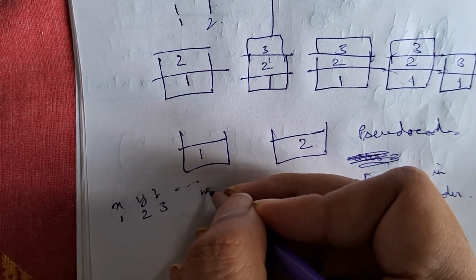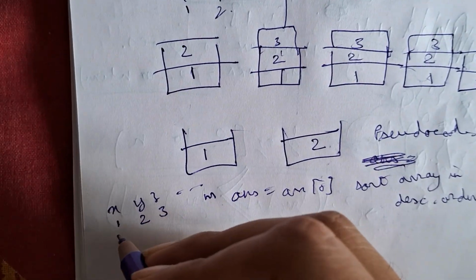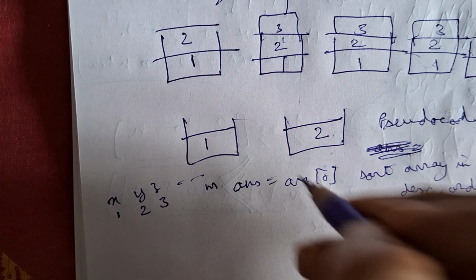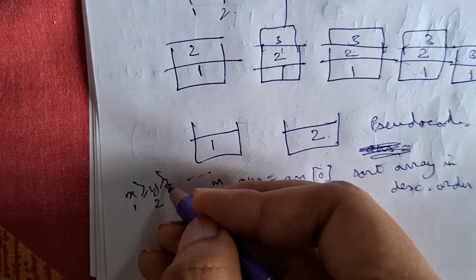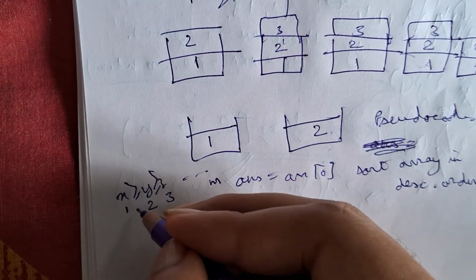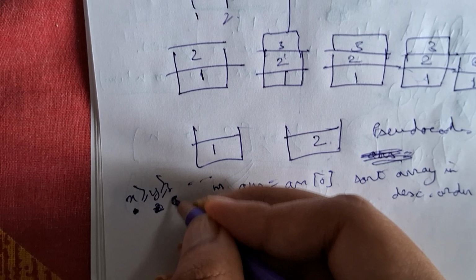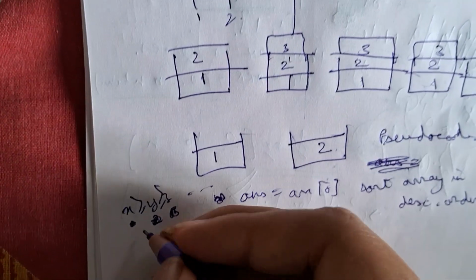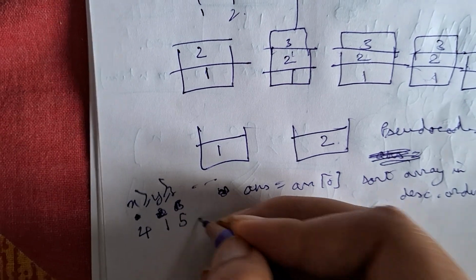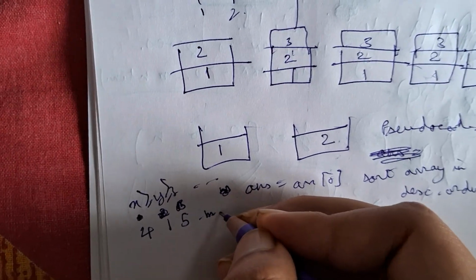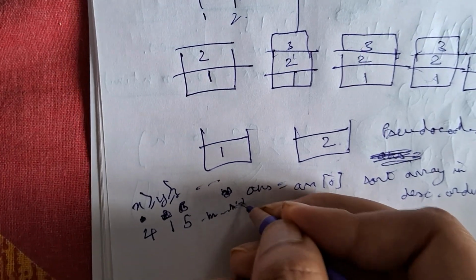So x is always greater than or equal to y, which is greater than or equal to z. Now it doesn't matter whether the colors are in sequence or not, 1, 2, 3; it should be a permutation of m. So it may be that over here it is 4, over here it is 5, over here it is 1, and somewhere over here it is m, and the last element may be m minus 7, something like that.